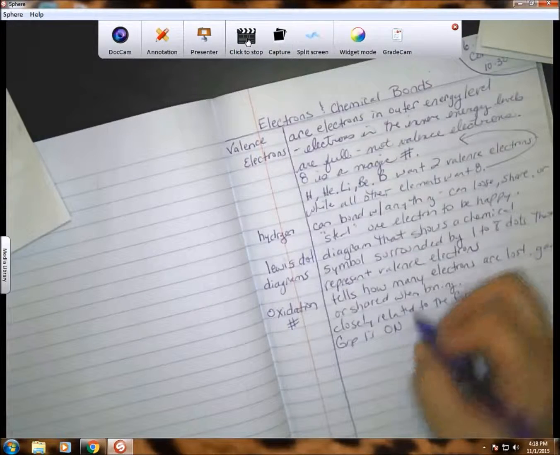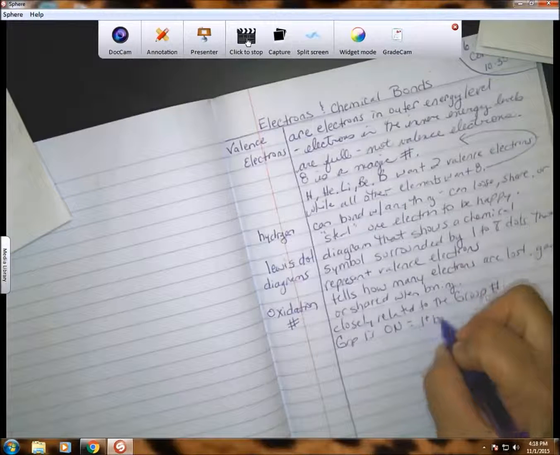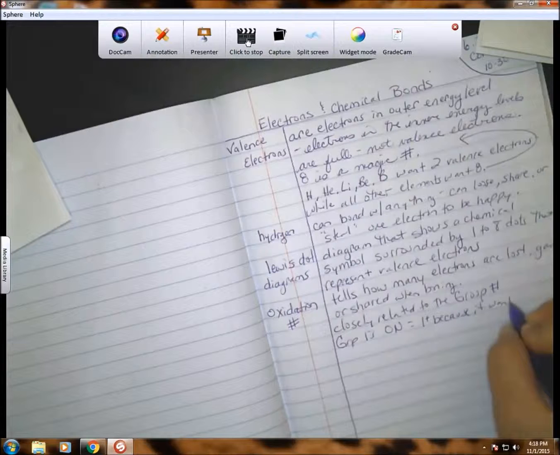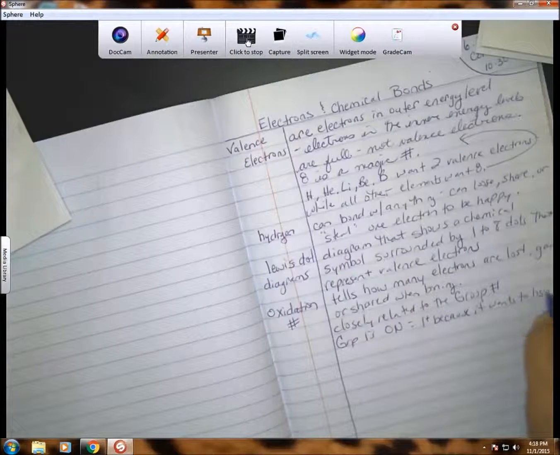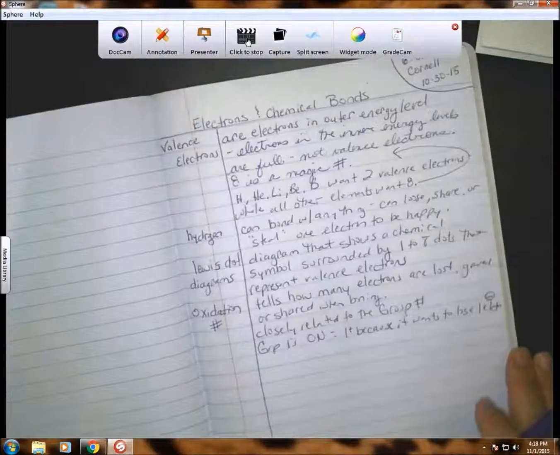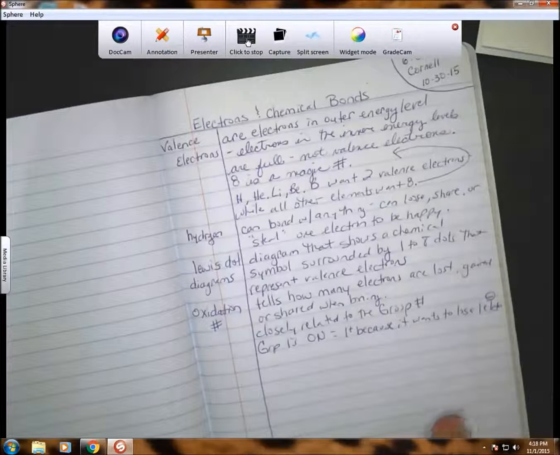Group 1's oxidation number is 1 plus because it wants to lose one electron. I ran out of room, so I put a minus sign with a circle around it. You guys know that minus is negative, which means it's an electron, and plus means it's positive, which means it's a proton.